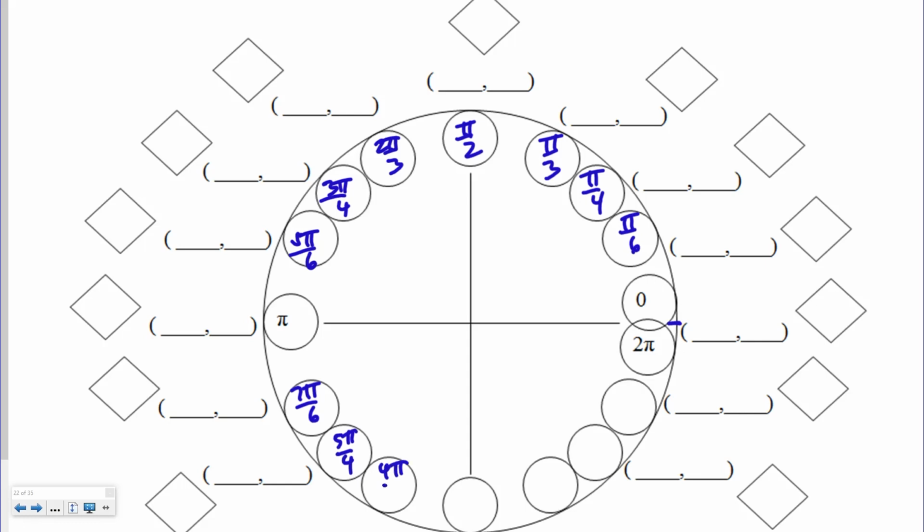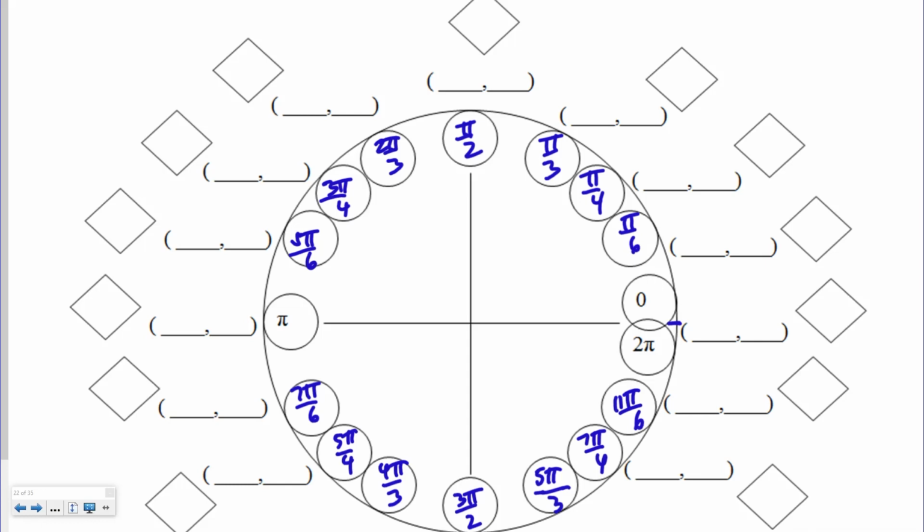This is 4 pi over 3, 3 pi over 2. This is 7 pi over 4. This is 11 pi over 6. So this is 5 pi over 3. Okay? So once you get all of that in, then you fill in the coordinates here.